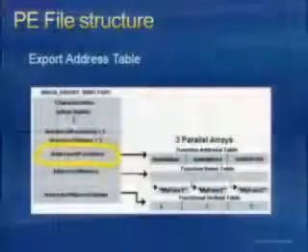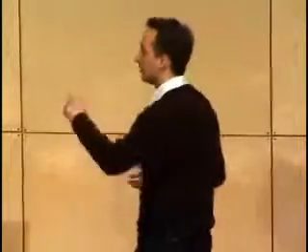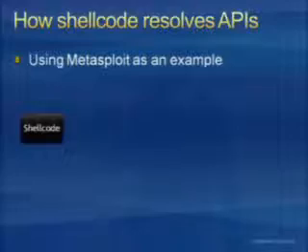So we need to focus here on the address of functions array, because in this array is the virtual address of where the function is going to be located in this module. So the shellcode always has to go through this array to get the address of that function. In this case, we're interested in WinExec, so it will go through this array in order to find the address. So a recap, here we have the shellcode.